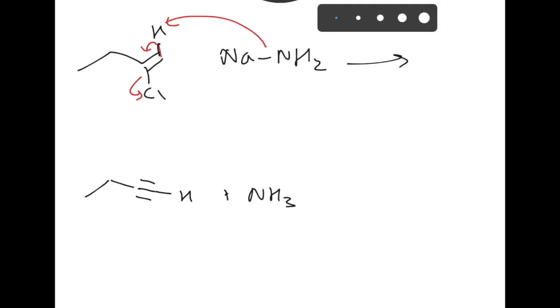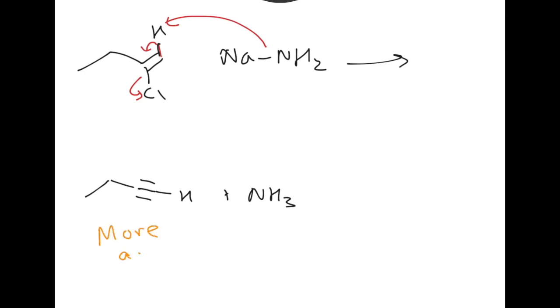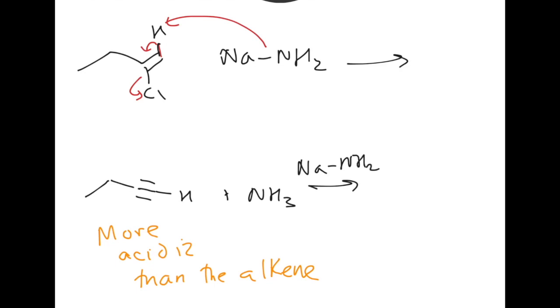The alkyne that I make is more acidic than the alkene that I started the reaction with. So the next molecule of NaNH2, the next base that's going to react, is going to react with the more acidic thing, right? So every time I make an alkyne, it reacts with NaNH2 before the starting alkene does.